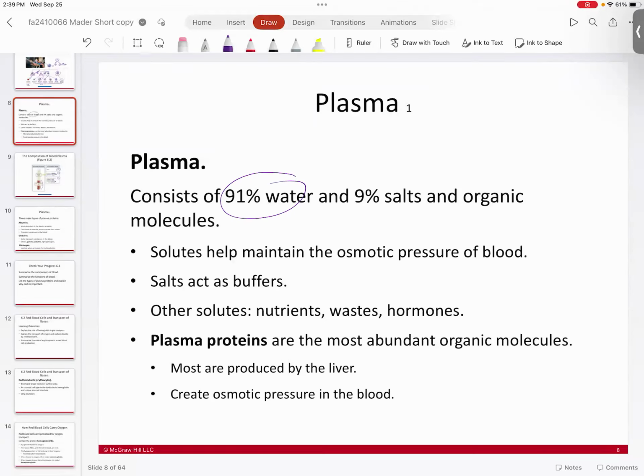About 10% of it is going to be different types of salts and organic molecules, including different types of nutrients, wastes, and hormones. Now, the important thing about the salts is the salts will basically create osmotic pressure, which allows you to maintain that osmotic balance.